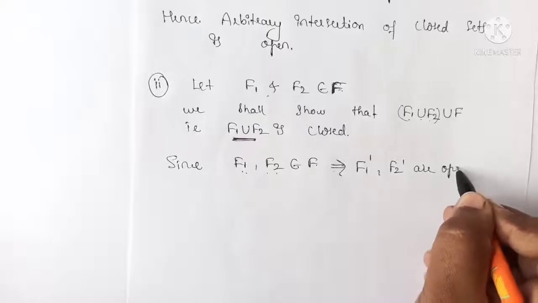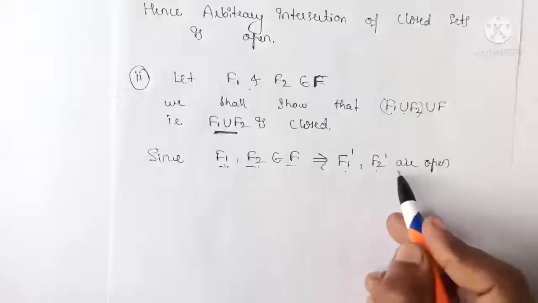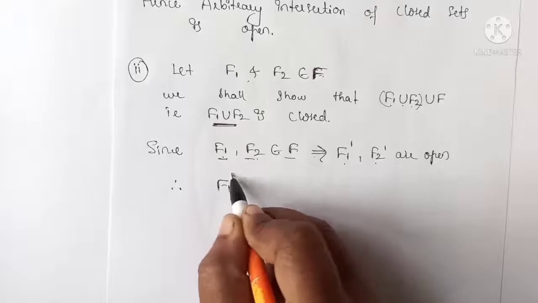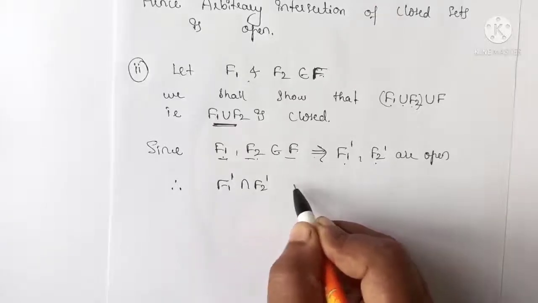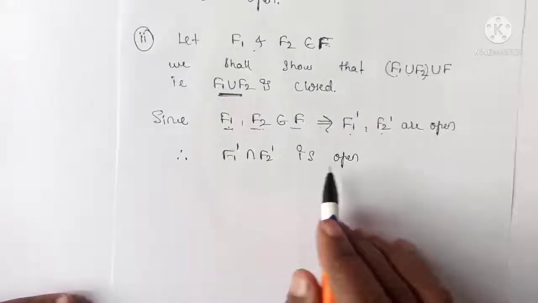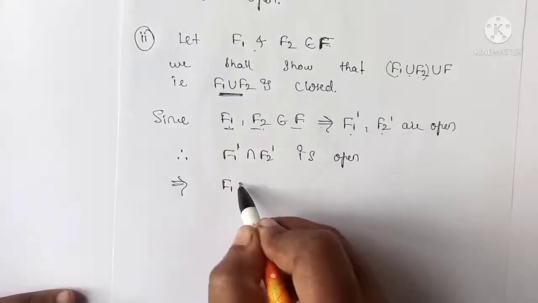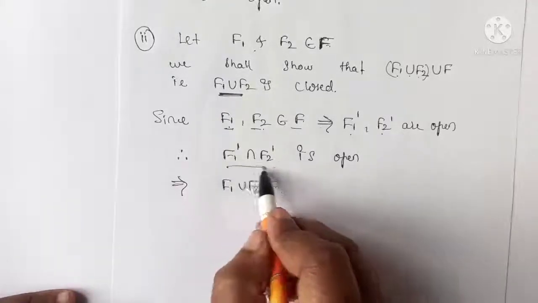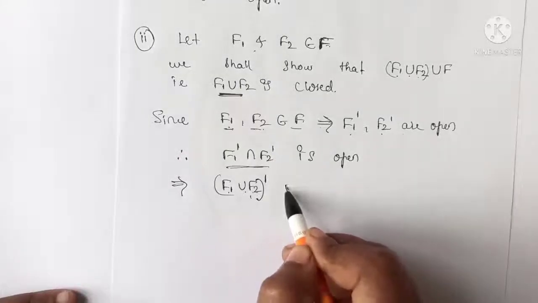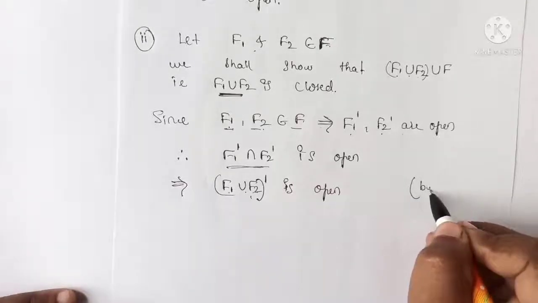Therefore F1 dash intersection F2 dash is open, since the intersection of two open sets is open. By applying De Morgan's law, we get that F1 union F2 whole dash is open.